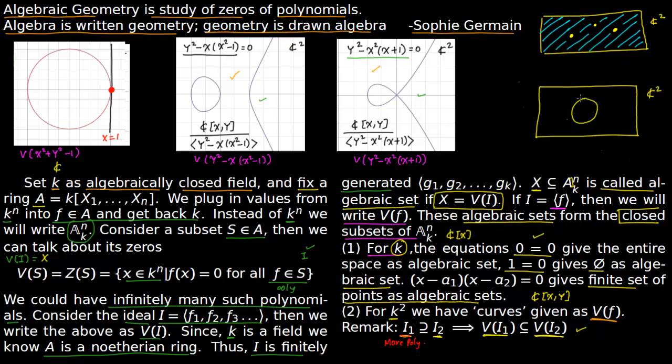Similarly here, this circle represents a closed set. The complement of the circle is the open set, and you can see this open set is very, very big. It is important to keep in mind that in algebraic geometry your open sets are huge, and the Hausdorff condition is rarely satisfied. You're not drawing an open neighborhood of a point, you're taking the complement of a point, so that becomes almost the entire plane.